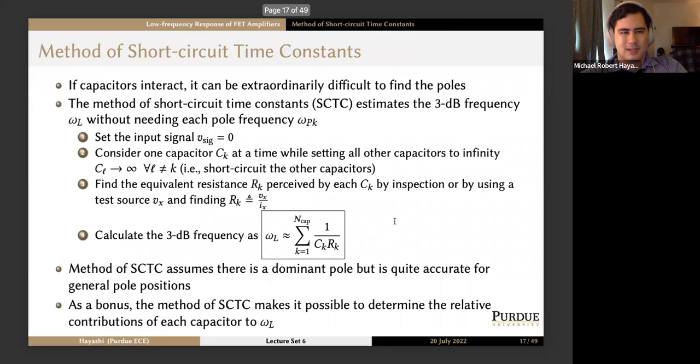So let's talk about the method of short circuit time constants. When the capacitors interact, it's extraordinarily difficult to find the poles.